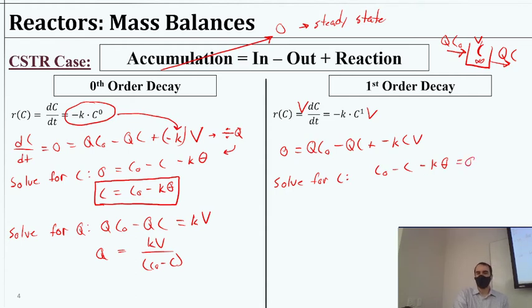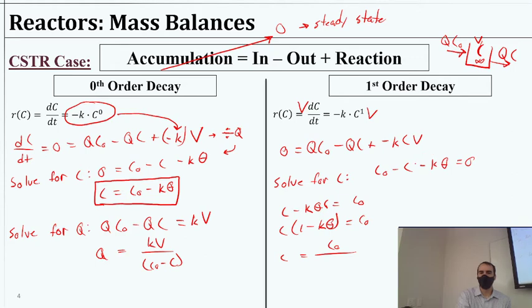So we can get our C's on the same side. Say C minus K theta equals C naught. C times 1 minus K theta. We extract those C's. Sorry, I forgot the C there. Equals C naught. And so C would be equal to C naught divided by, did I flip the plus sign there?